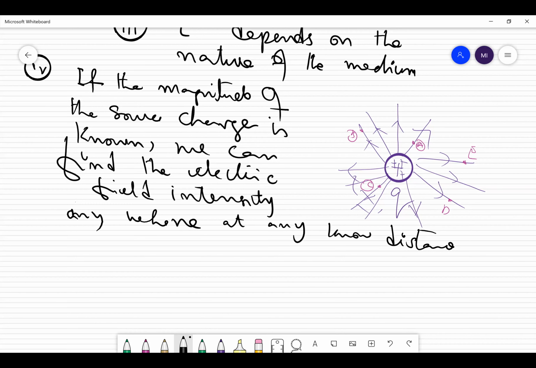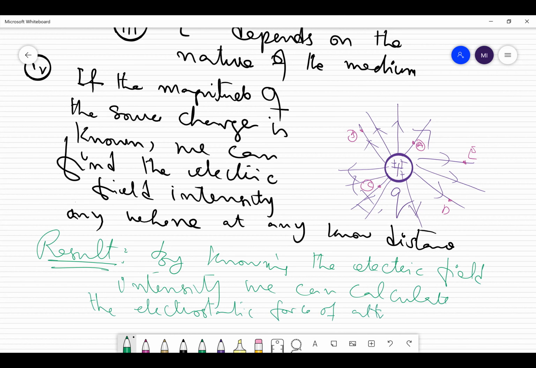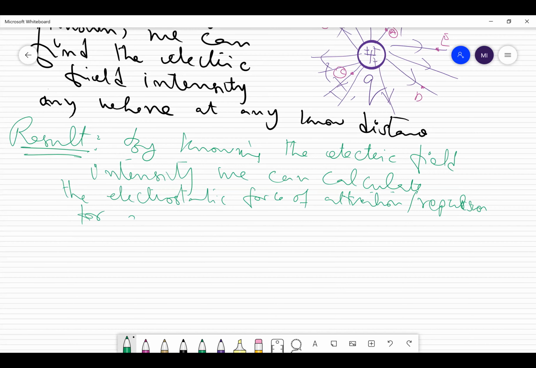Another important result is that by knowing the electric field intensity, we can calculate the Coulomb force, the electrostatic force of attraction or repulsion, for any test charge.